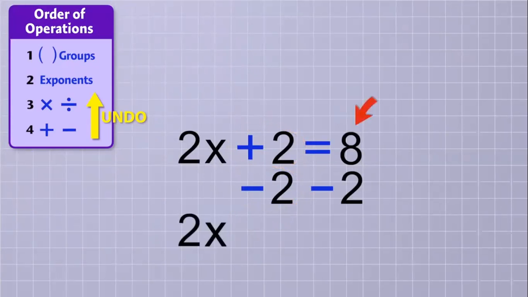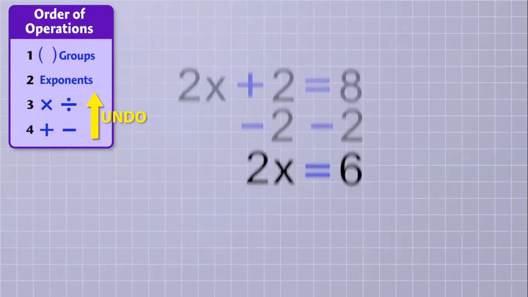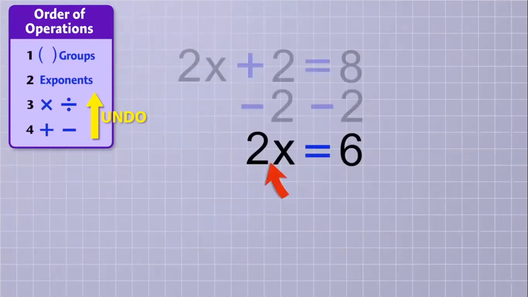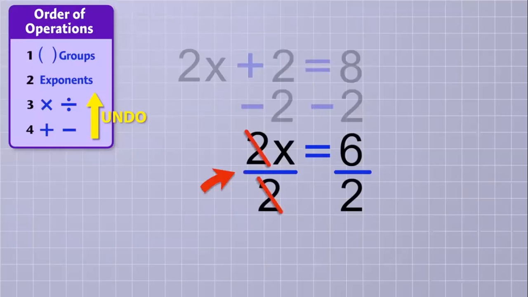And on the other side, we have 8 minus 2, which is 6. Next, we can undo the multiplication by dividing both sides of the equation by 2. On the first side, the 2's cancel, leaving x all by itself. And on the other side, we have 6 divided by 2, which is just 3.